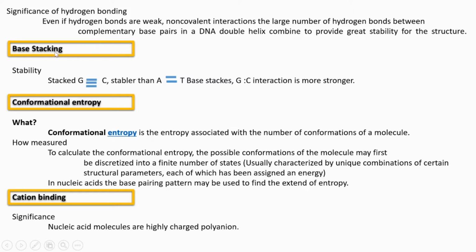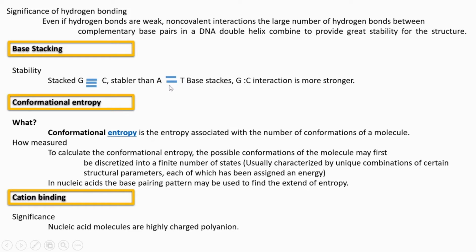Next factor is base stacking. Base stacking is the way in which nitrogenous bases are arranged in the DNA. We know that between guanine and cytosine, three hydrogen bonds are there, so it is more stable than the adenine and thymine base pair, because between adenine and thymine, only two hydrogen bonds are present.